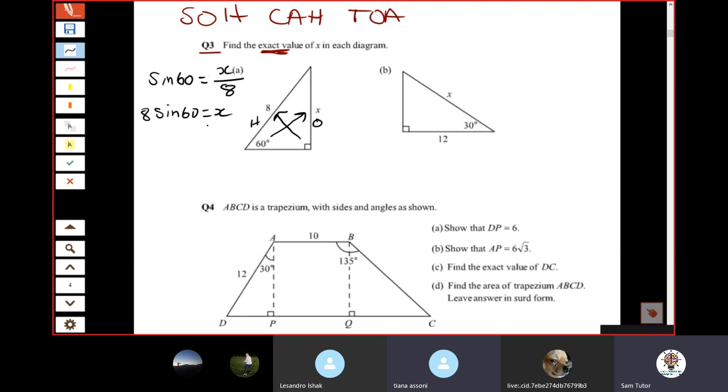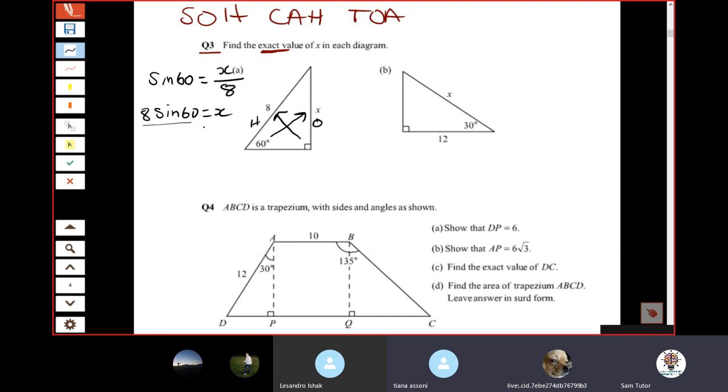Does that make sense what I've done there? Yeah. The mistake that everybody would make with this question is they would place all of this into their calculator, and it'll give you an answer of about 6.928. The problem with that is that will never become an exact value.